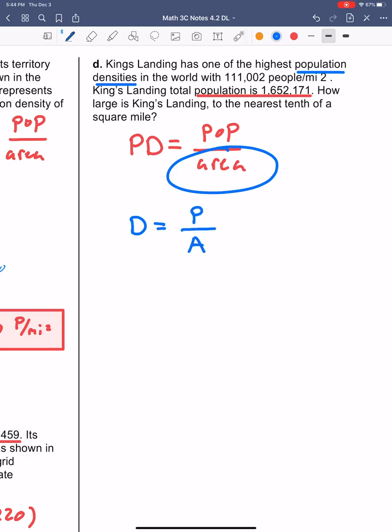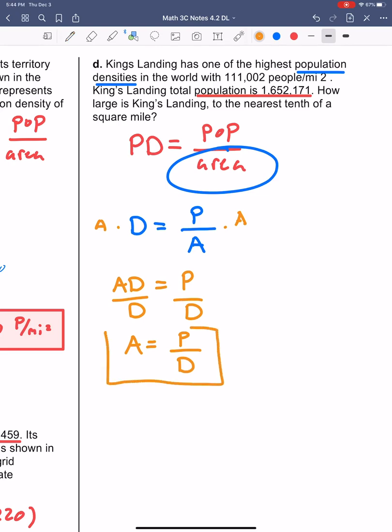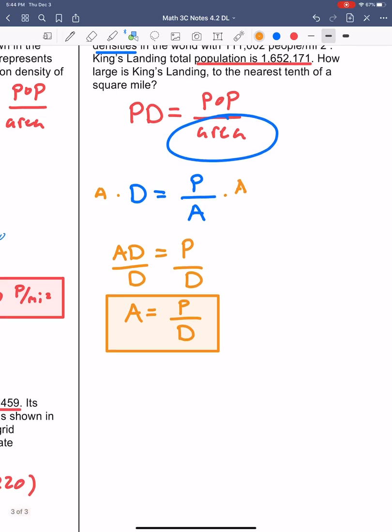And since I'm going to solve for area, I'm going to rearrange this formula so that area is by itself here. So I'm going to multiply both sides by A. So I get A times D equals population, divide by the density, and I'm going to get area equals population over density. So I just kind of rearranged this so that it looks a little bit different, right? Mathematically correct though, because I just rearranged the variables.